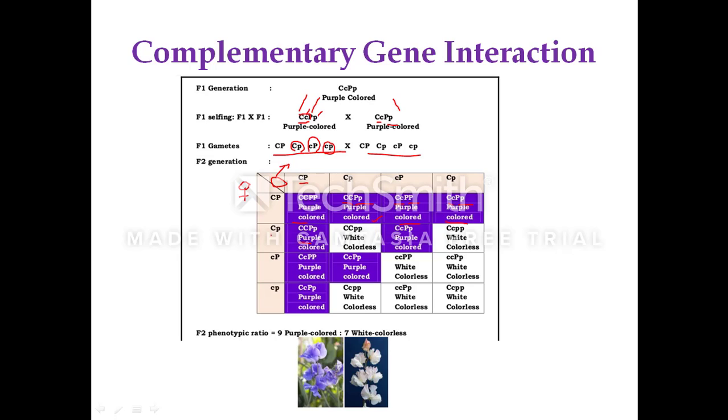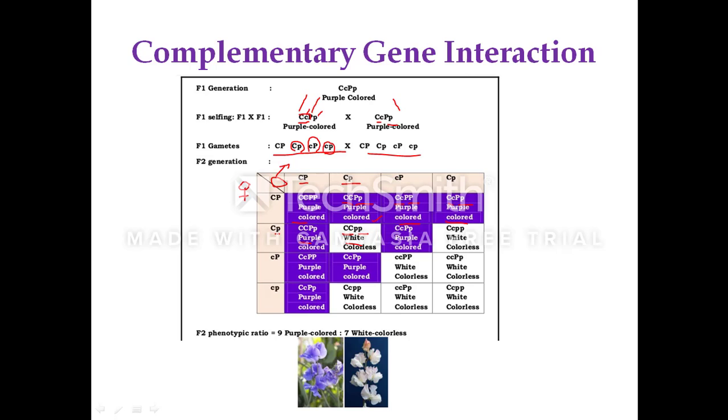Here capital C, small p, when it fuses with another capital C and small p, the flower has homozygous dominant for C and double recessive for P. And here the flower color was white or colorless.